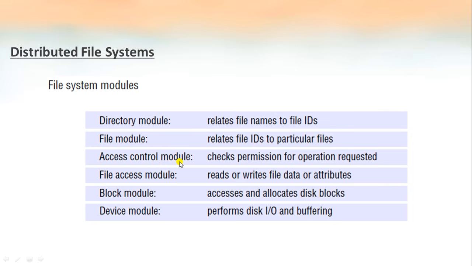Next is the access control module which checks permission for the requested operation. The file access module reads or writes file data or attributes. The block module accesses and allocates the disk blocks. And last is the device module which is used to perform disk IO and buffering operations.